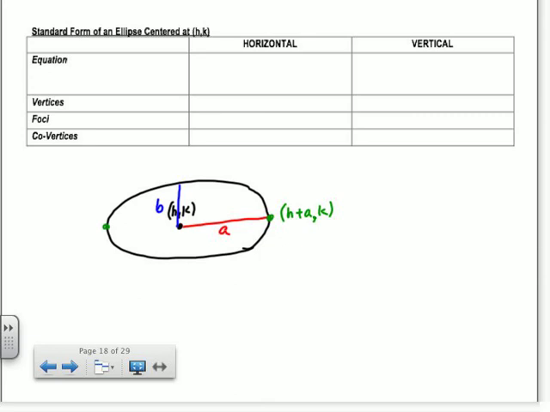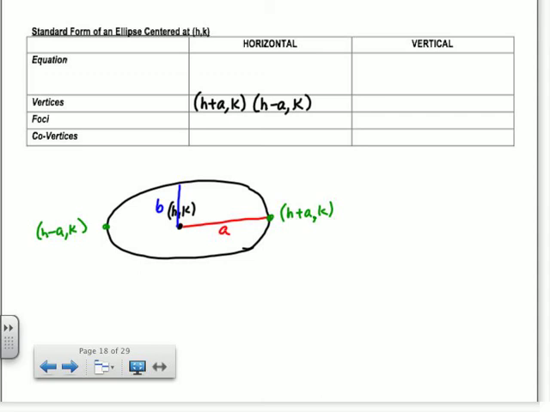And then over on the left, you're going to have h minus a, comma k. You add a, and you subtract a. All right, so those are the vertices. So you have h plus a, comma k, and you have h minus a, comma k.